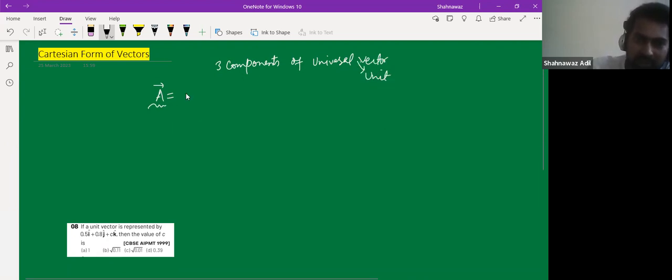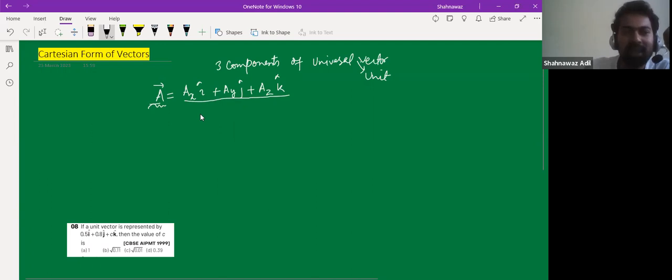So the component which is in the X direction is called the AX part, and the component which is in the Y direction is called the AY component, and then you have the Z component of the vector. Okay. So that is how you represent a vector in the form of these universal vectors in the Cartesian form. Cartesian form meaning that they are in the XYZ coordinates.